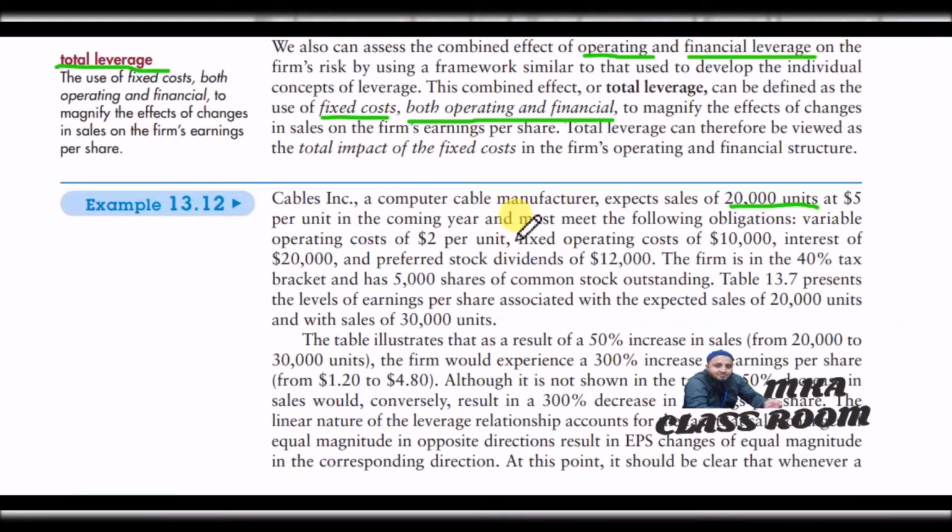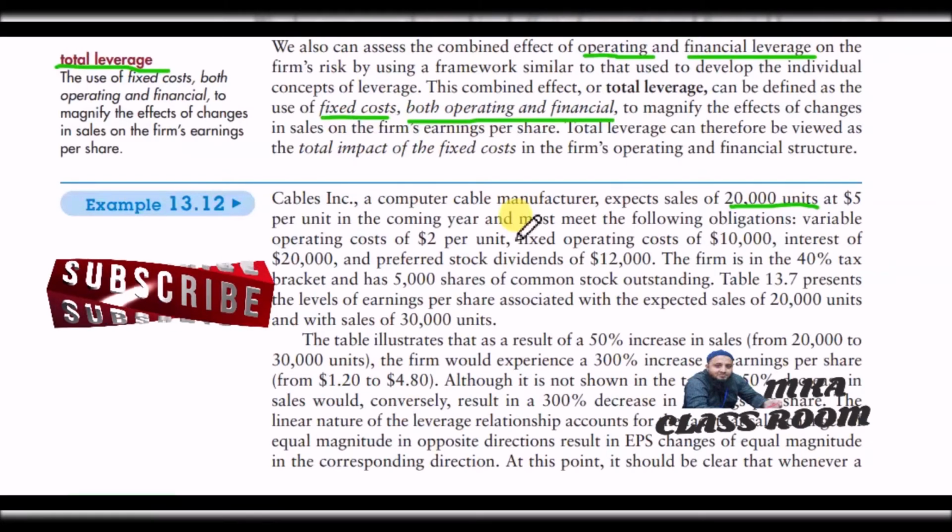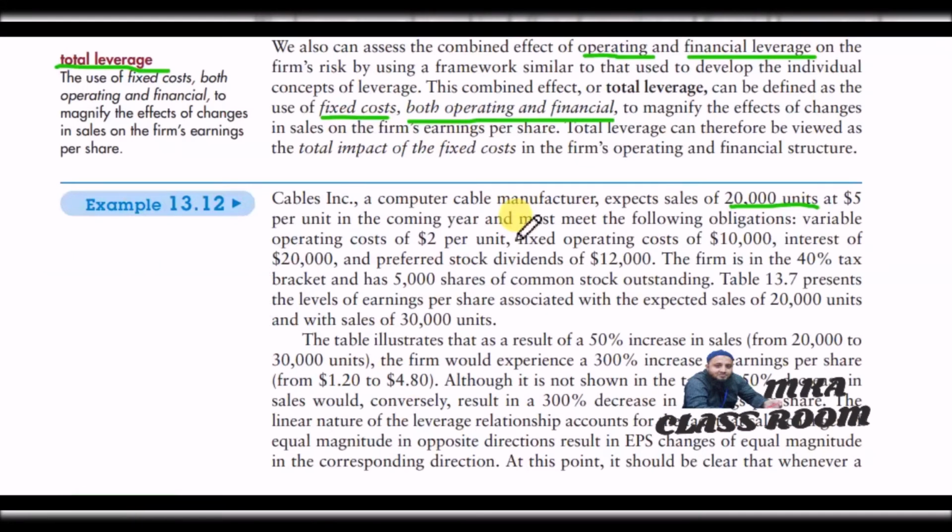It must meet the following obligations: variable operating cost 2 taka per unit, fixed operating cost of 10,000, interest of 20,000, preferred stock dividend 12,000. The firm is in 40% tax bracket and has 5,000 shares of common stock outstanding.